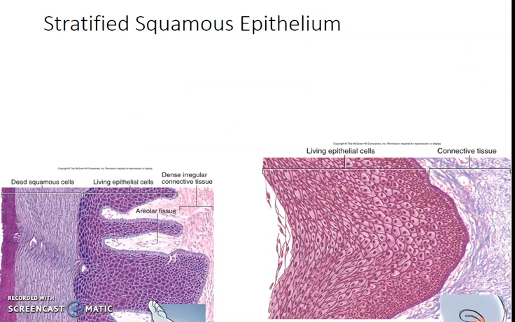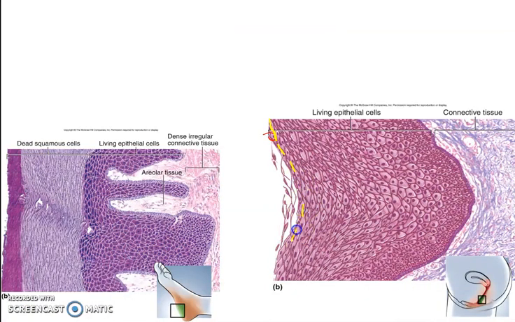Well, it has two flavors. So here we have the cells are living at the top. And I have living cells right here at the top. And that's because this is inside the body. It doesn't have to worry about drying out. It doesn't have to worry about protecting from abrasion from the outside.